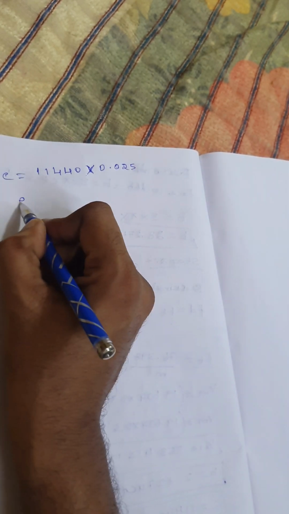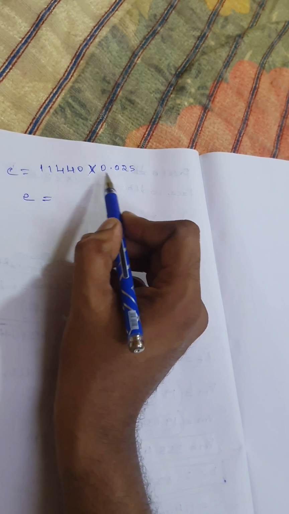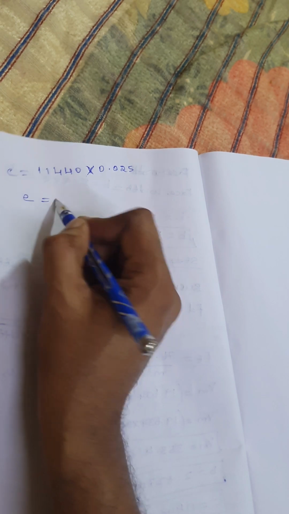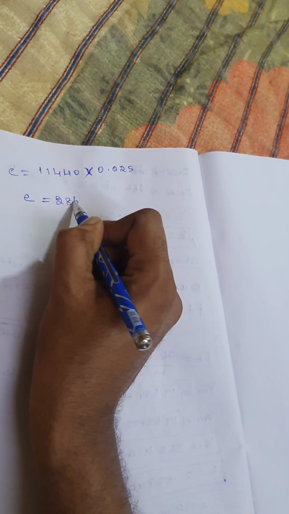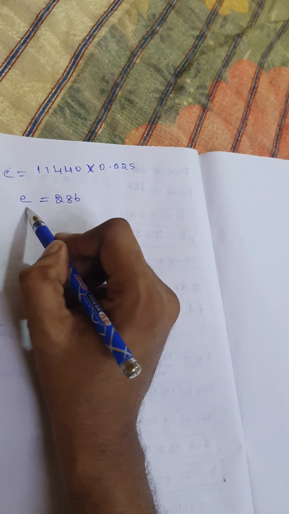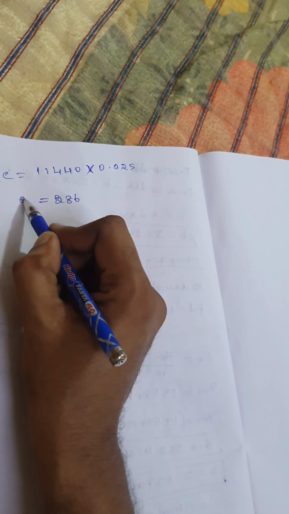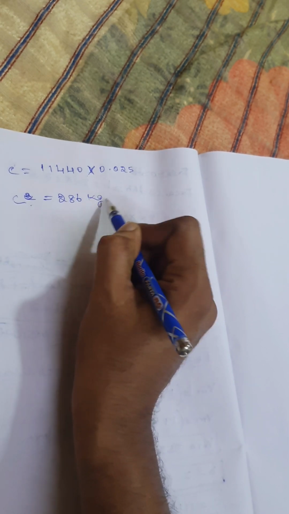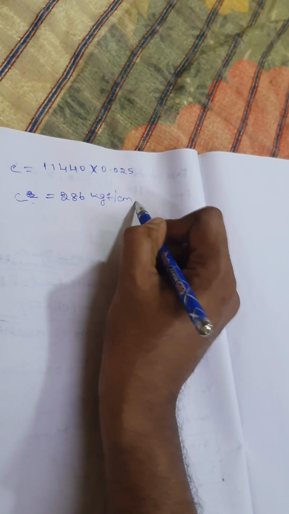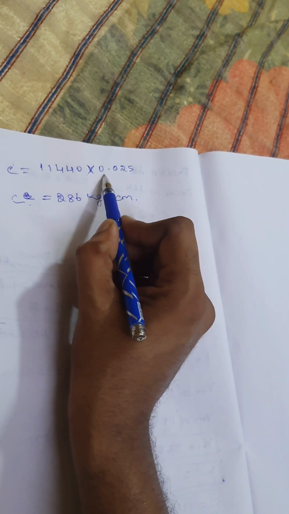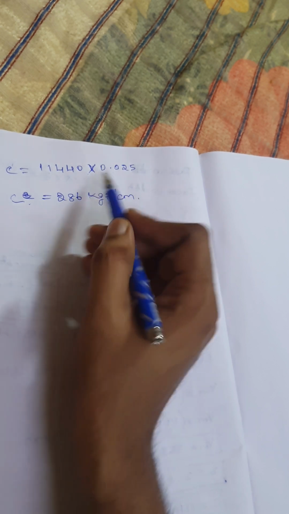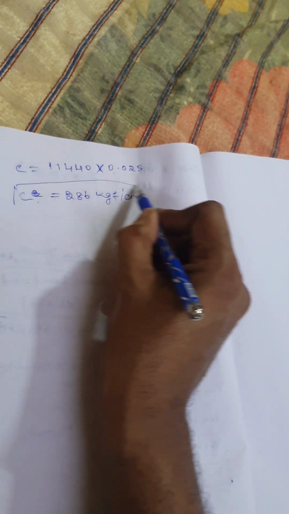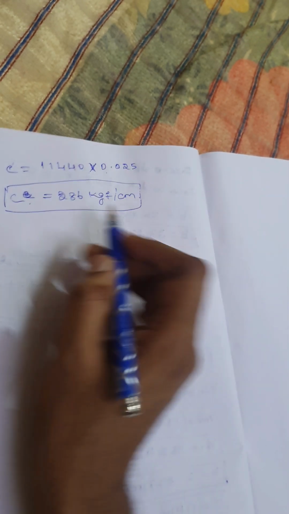After multiplying, the value we found is 286, and the overall unit for small c will be changed to kilogram force per centimeter. Actually the value we found in the data book is in mm, but when calculating, the overall value for c will be considered as kgf per centimeter.